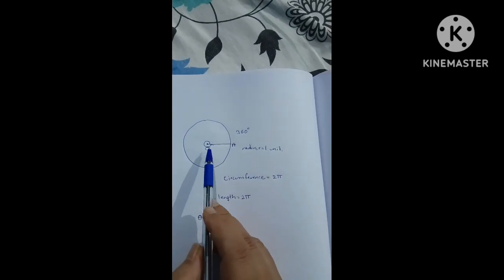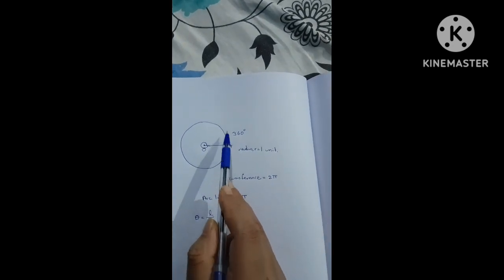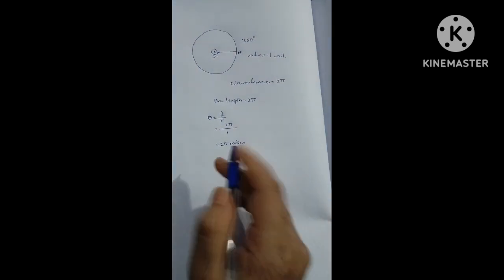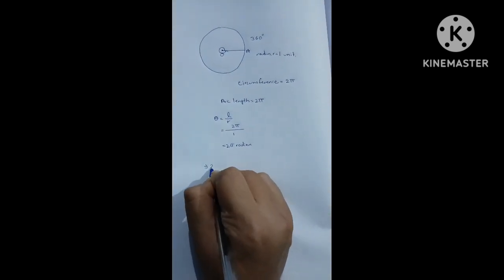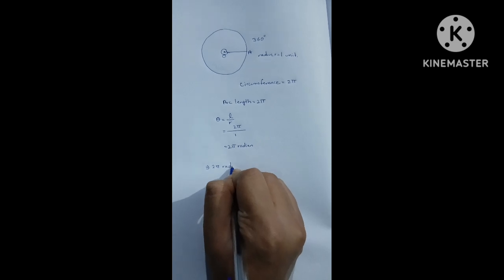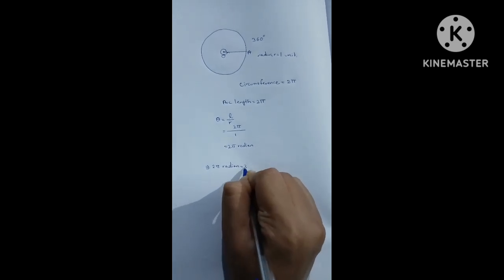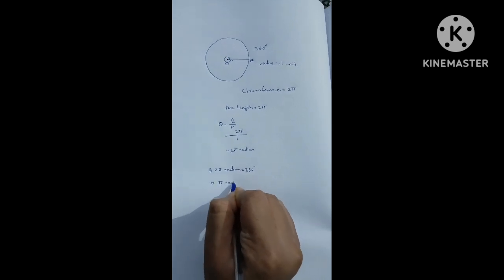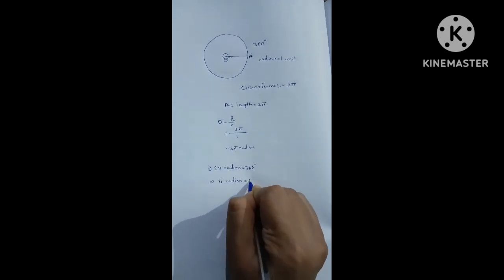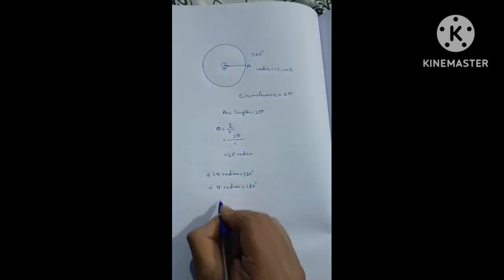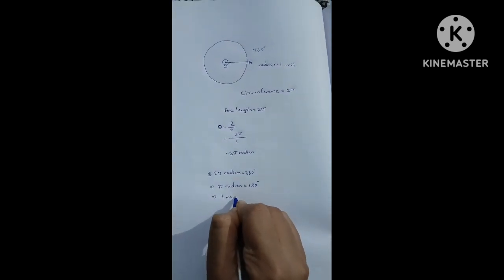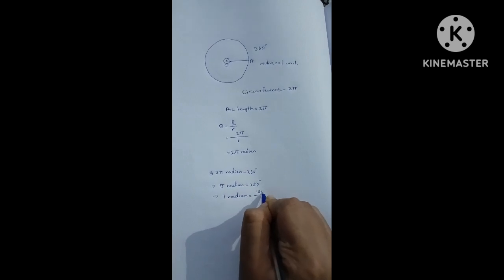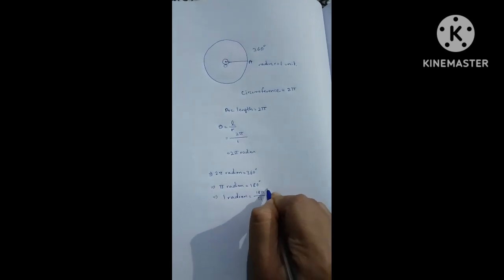And what is the angle subtended at the center by the whole circumference? That is 2 pi radian, which means that 2 pi radian is equal to 360 degree, which means pi radian is equal to 180 degree, which means 1 radian is equal to 180 by pi degree.